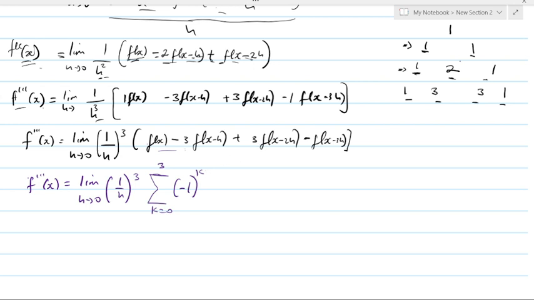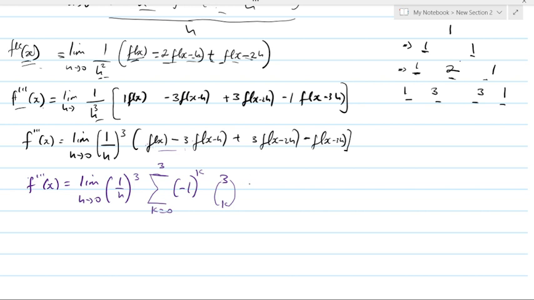So this is satisfied. Next, the coefficient is following the combination rule. So we are going to have 3 combination k. When k is 0 we have 3 combination 0, which gives us 1, then 3 combination 1, 3 combination 2, 3 combination 3, and so on. So we have satisfied the coefficients. Now the next thing is the function.